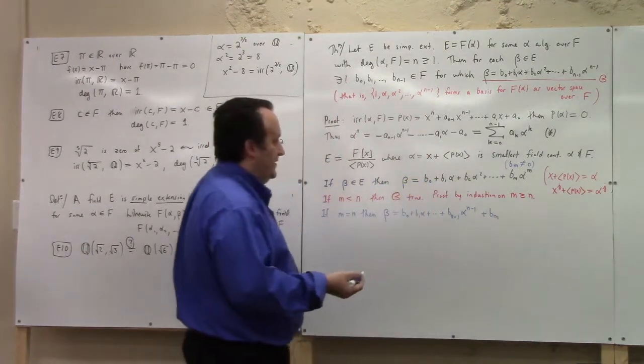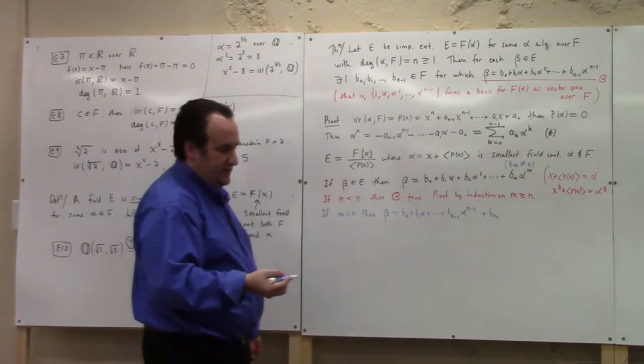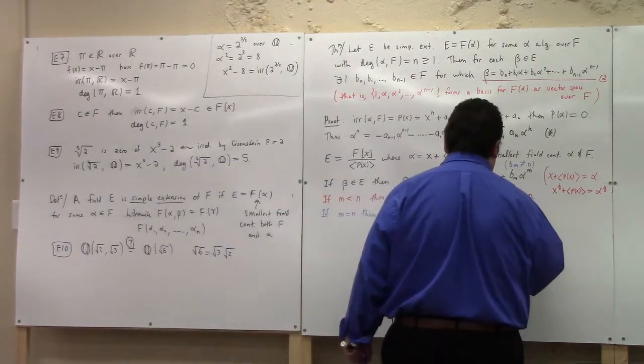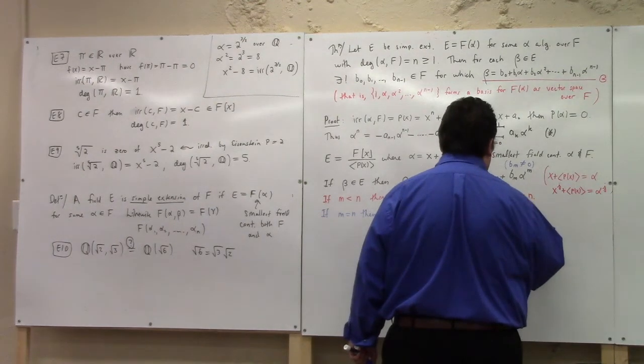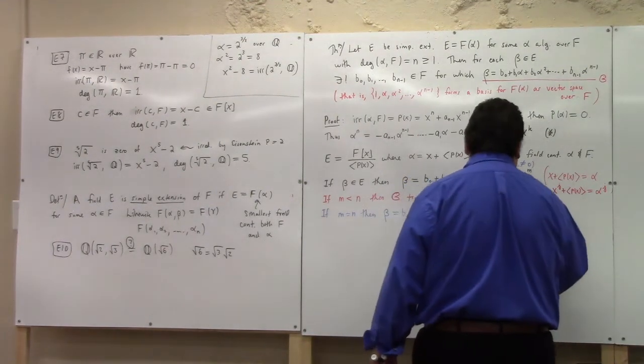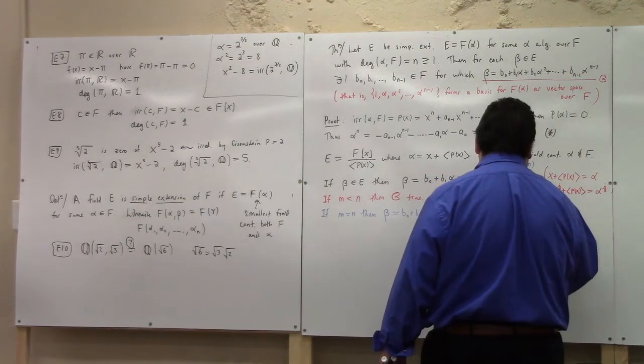Alpha to the n, right? But what's alpha to the n equal to? Well, it's just equal to the sum k equals 0 to n minus 1 of a_k alpha to the k, right?